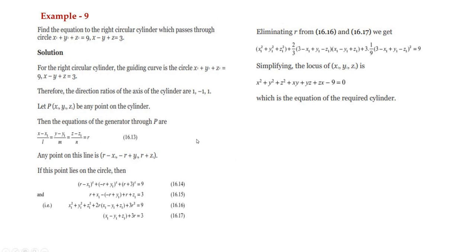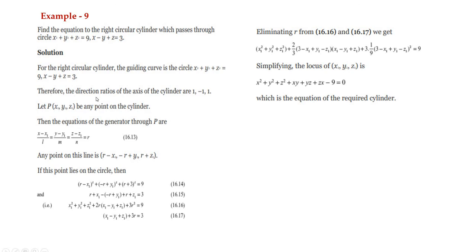So the next one is the last one. Find the equation to the right circular cylinder which passes through the circle. For the right circular cylinder, the guiding curve is the circle, given by this. We have a sphere and a plane, and when a sphere and a plane intersect, we get a circle.